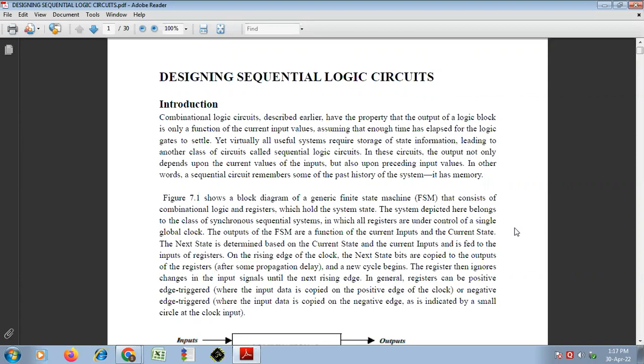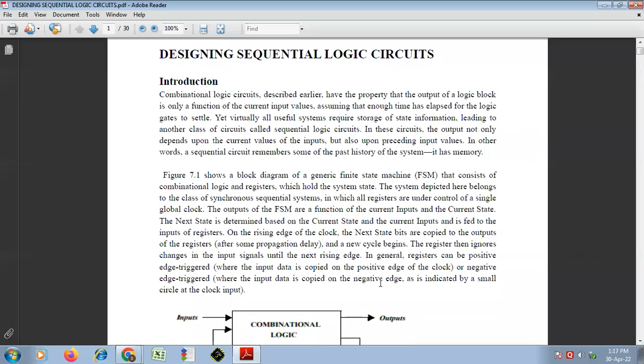So all of you are aware of what exactly a sequential circuit is. But now in this unit, we are going to discuss sequential circuits in the context of CMOS. Okay, so this is the central idea of this unit.